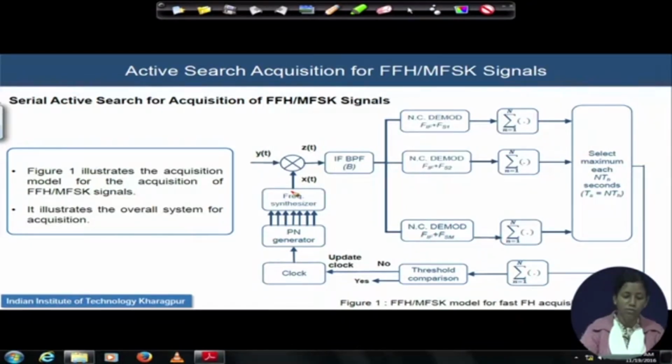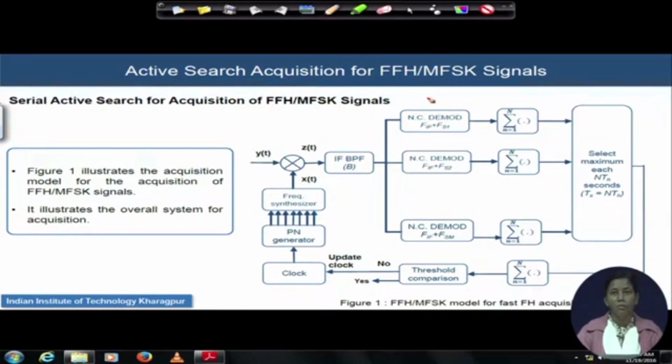So the frequency synthesizer will be generating the hopping sequence, and it is a fast frequency hopping mechanism. That means within a symbol duration or tone duration, there are multiple hop frequencies over which the same signal is spread. And we have utilized the MFSK signaling mechanism.